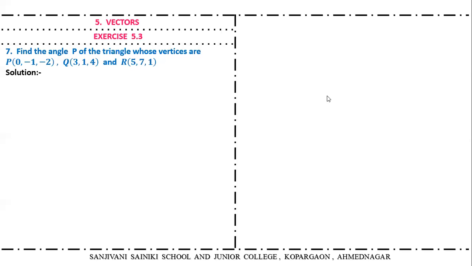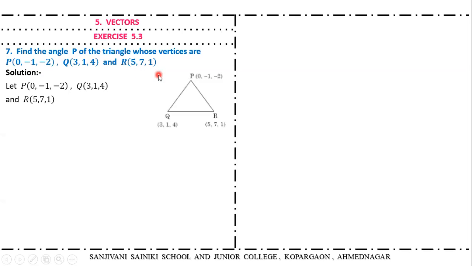The seventh example from this exercise: find the angle P of the triangle whose vertices are P (0, -1, -2), Q (3, 1, 4), and R (5, 7, 1). Let PQR be the triangle with these vertices.